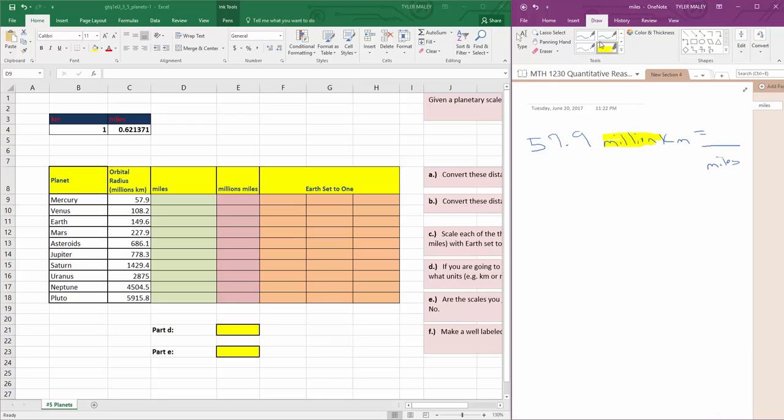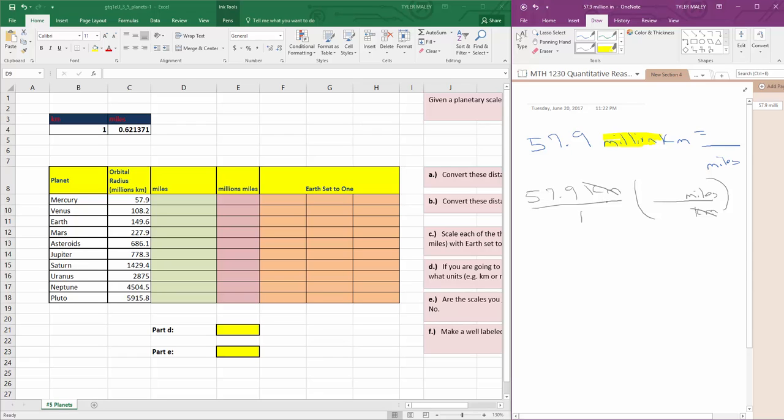If I just had 57.9 kilometers and I wanted to convert this into miles, then using dimensional analysis, I'm going to want kilometers on the bottom and miles on the top, so that my kilometers cancel out.